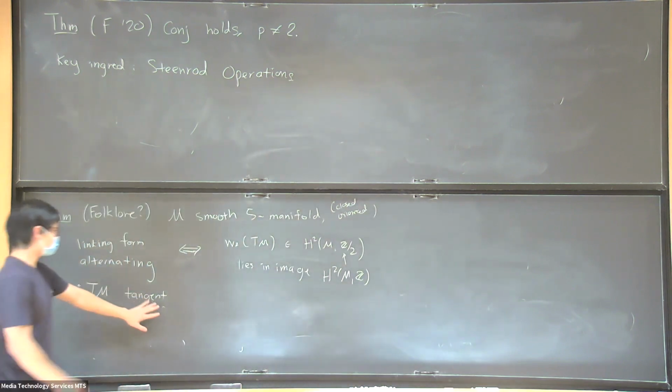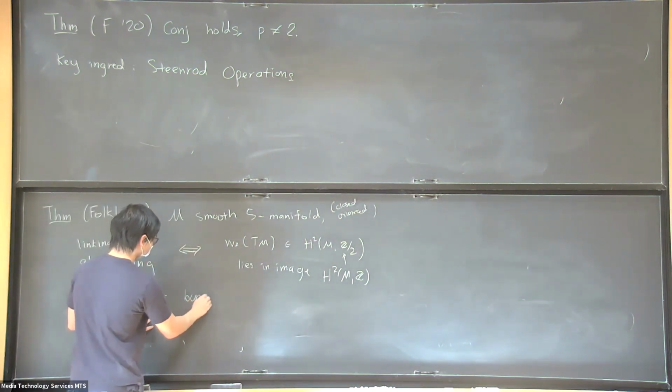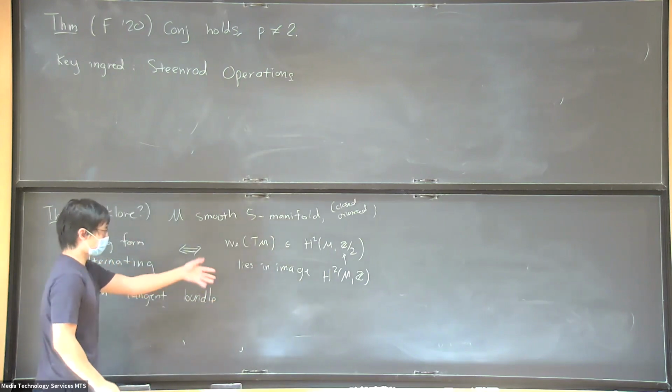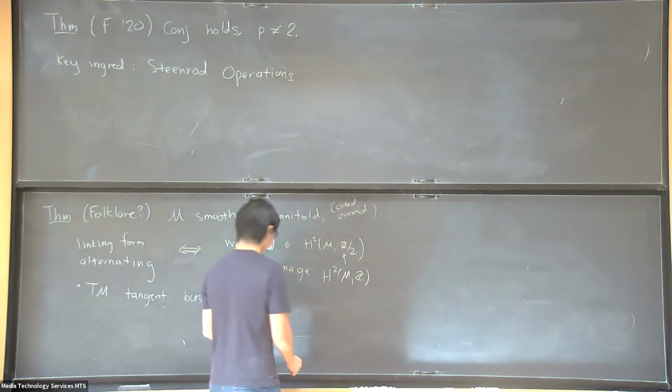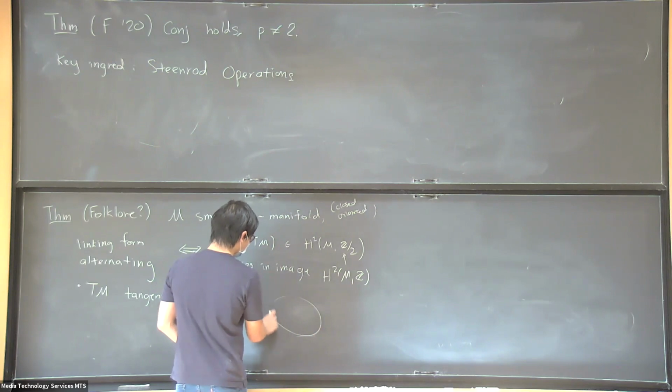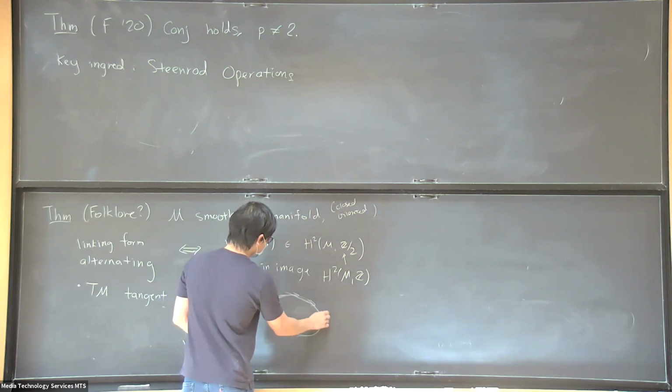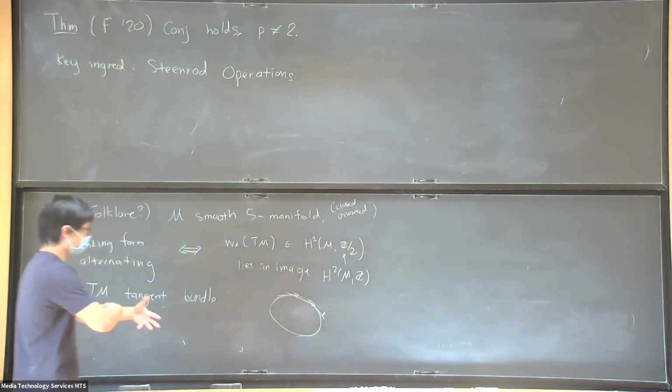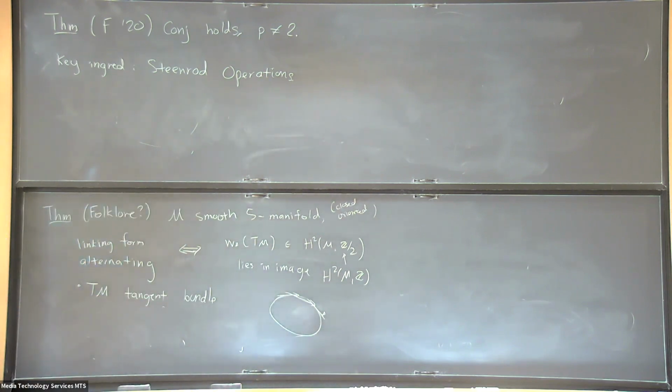So this is the tangent bundle, which means it's some sort of family of vector spaces living over my manifold. For example, for the circle with the usual smooth structure, it assigns to each point the tangent space to M at that point.